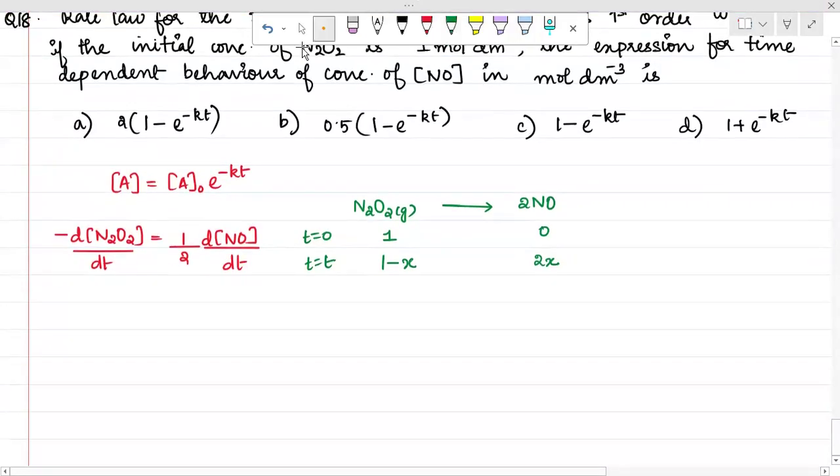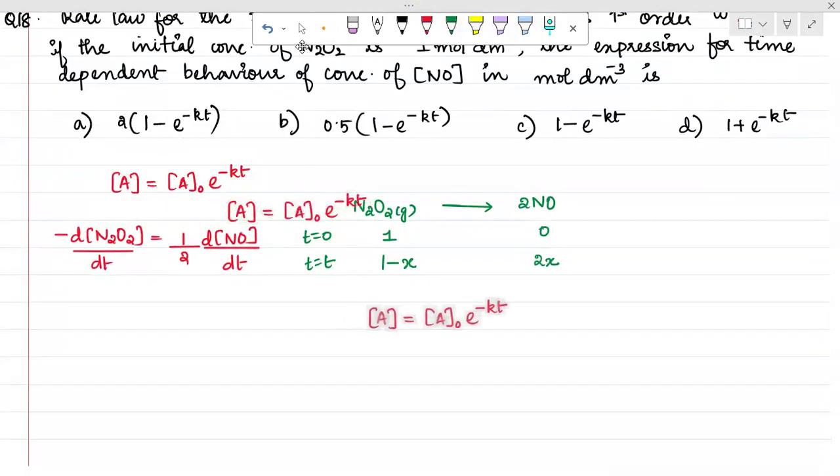So we'll start with this. We already know that A is equal to initial concentration into e to the power minus kt. What is A? A is the final concentration. A naught is the initial concentration of the reactant. Correct? And this is the initial concentration, X is the amount reacted, and A is the final concentration.